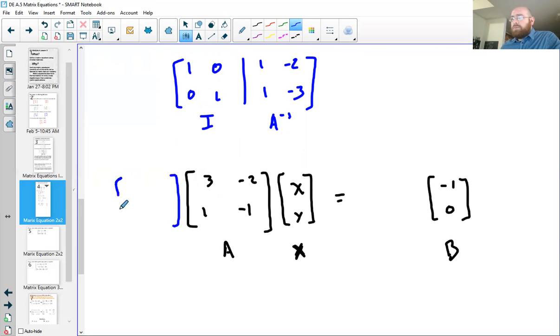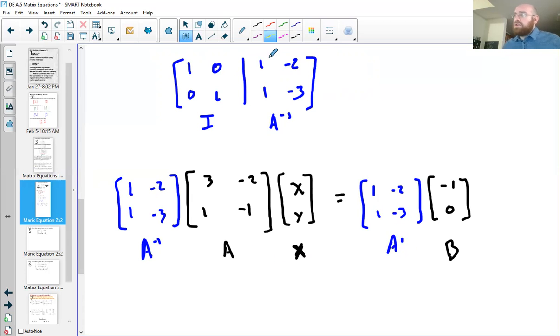So we multiply both sides on the left by A inverse. So that's 1, -2, 1, -3. And again, on the left, so that's 1, -2, 1, -3.